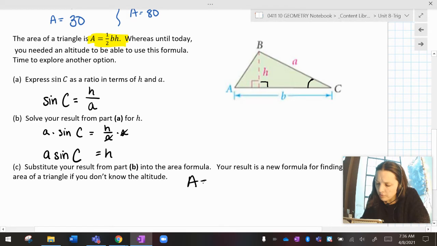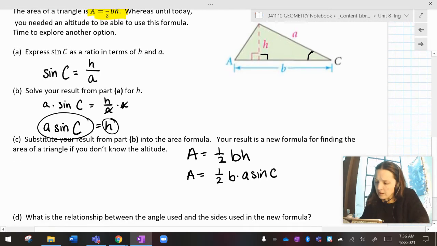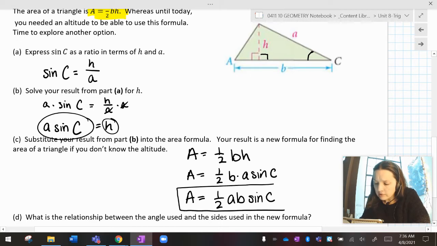So my area formula is 1/2 BH. And we just said that H is A sine C. So 1/2 B times A sine C. And we just ended up with area equals 1/2 AB sine C if I write it alphabetically.